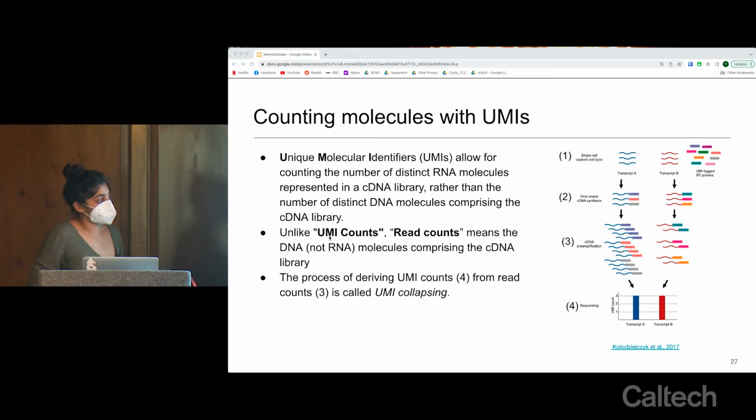So usually you are working at the UMI count level, but read counts would refer to the DNA reads that you got from this data. And this is important to keep in mind because it's important to know which thing you are normalizing on, depending on what your raw matrix is to start out with. But yes, that terminology can be confusing.